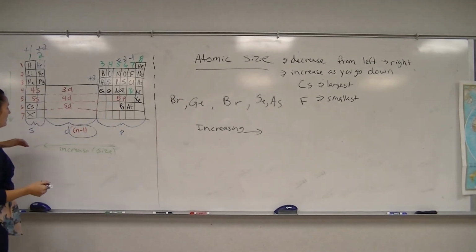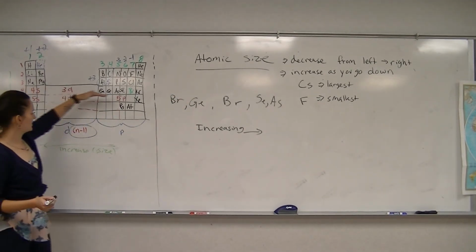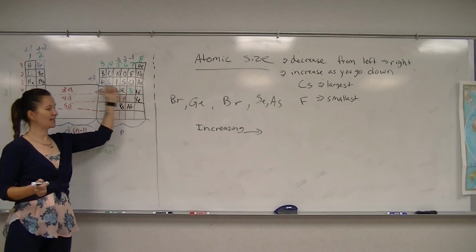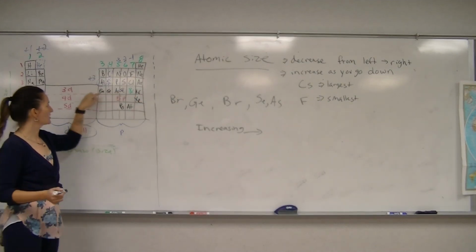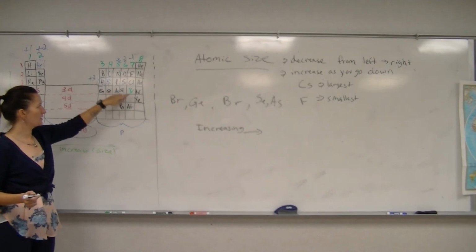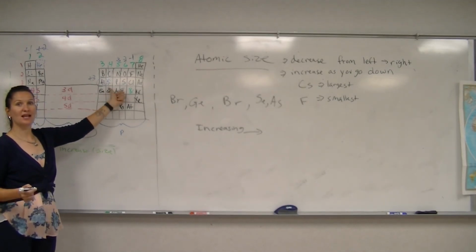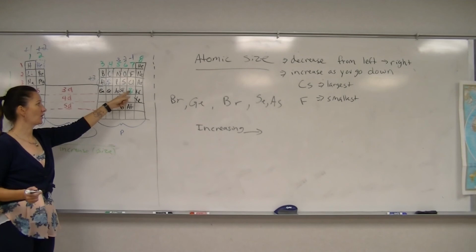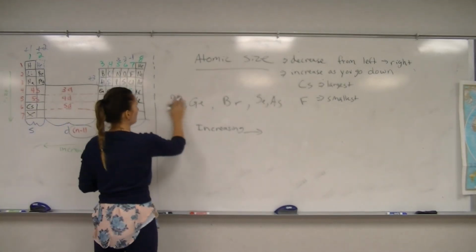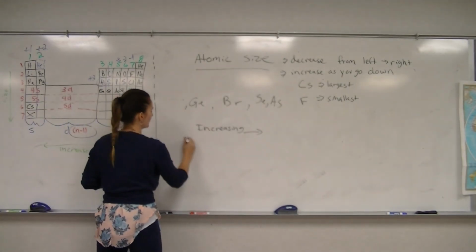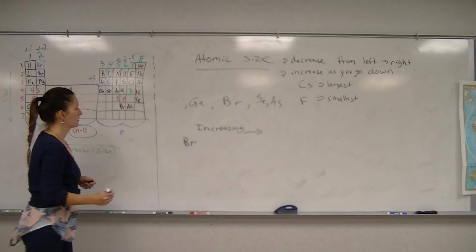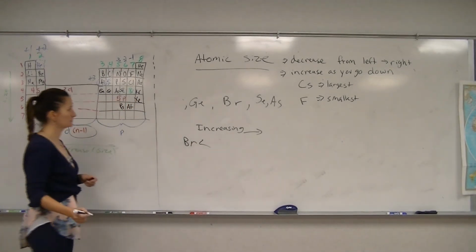So we said that size decreases as you go this way. So what it means is it's increasing as you go that way. So what's the smallest in this period? It's going to be bromine, because as we go to the left, it's going to increase. So bromine's going to be our first, and apparently I already put him in there, didn't realize that. So he's going to be the smallest.